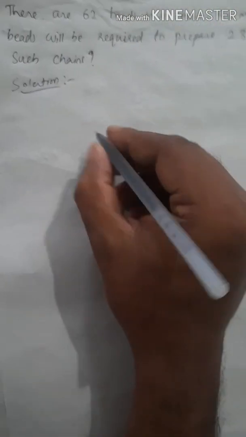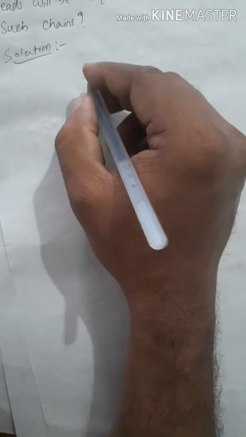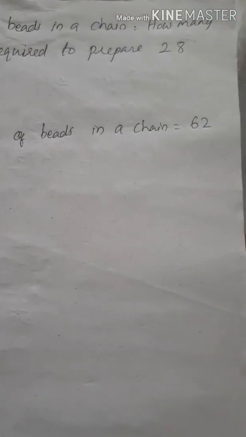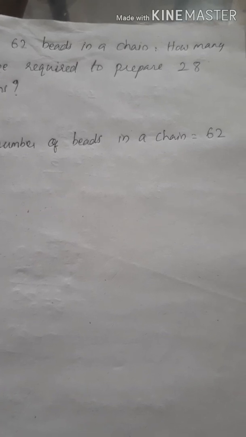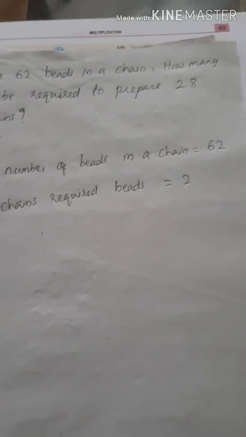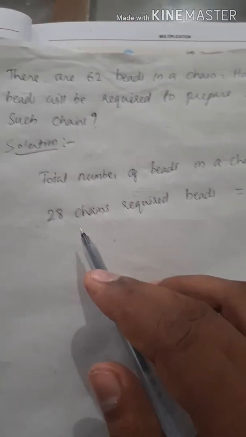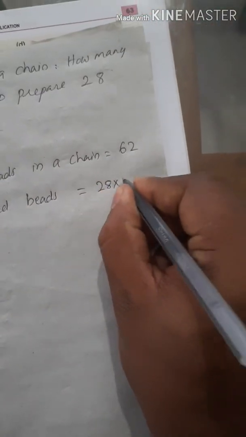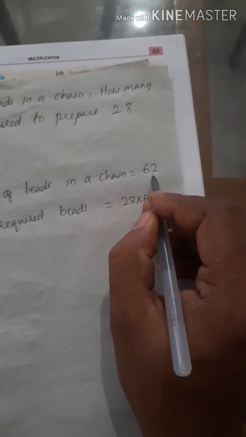The total number of beads in a chain is equal to 62. Next sentence, how many beads will be required to prepare 28 such chains. So next step is that 28 chains required beads equal to 28 into 62.